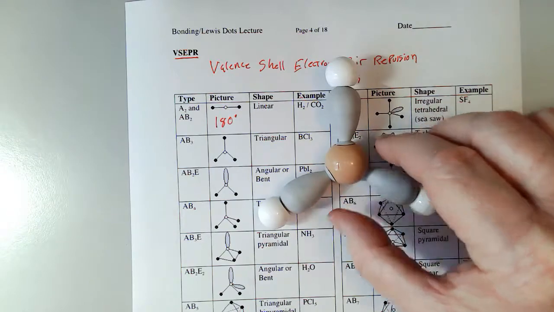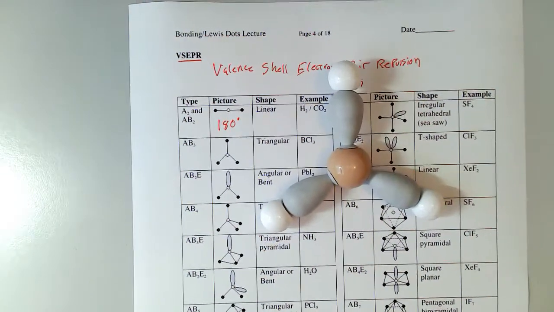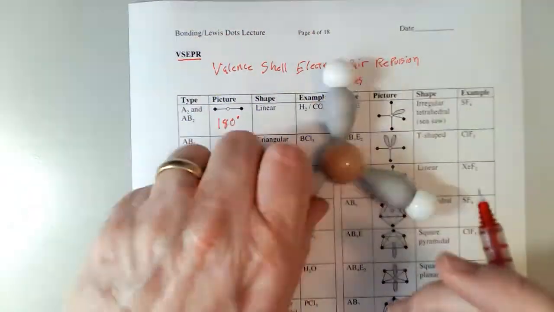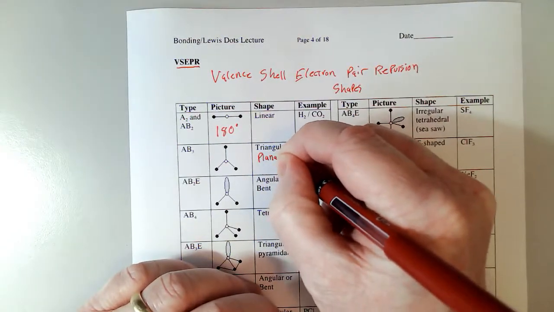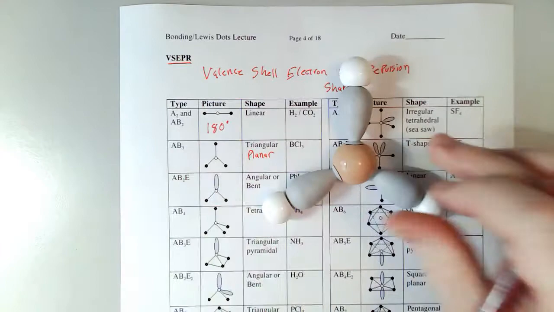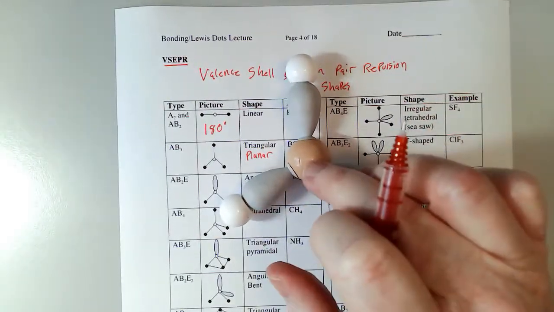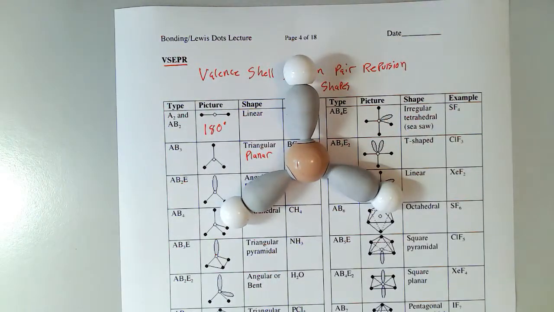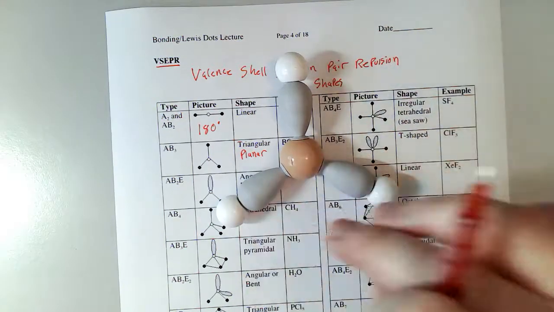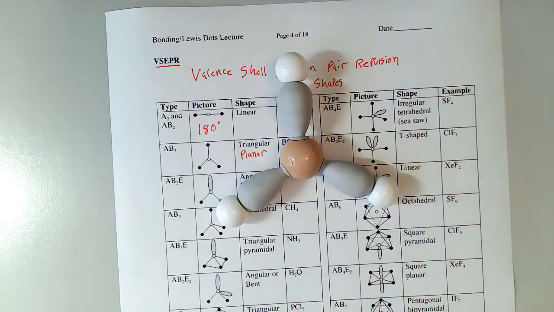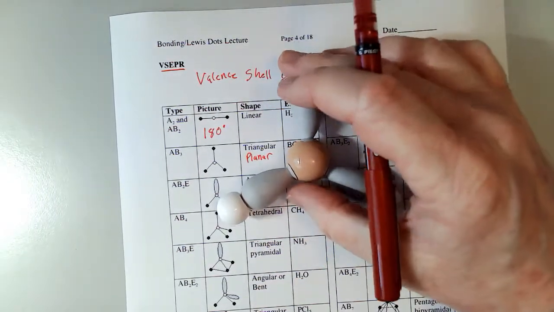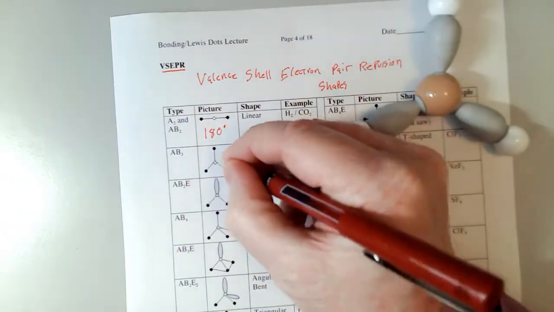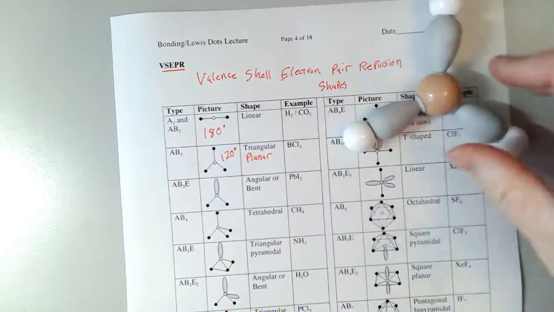Now here we have a triangular, or what some people would call, let me write this in, triangular planar. We have our central atom A, with three substituents, which we are calling B. This is basically a circle divided into three equal parts, so these are 120 degrees.